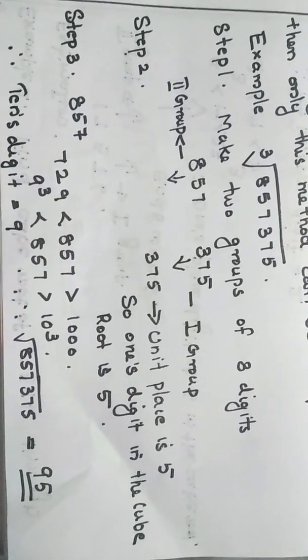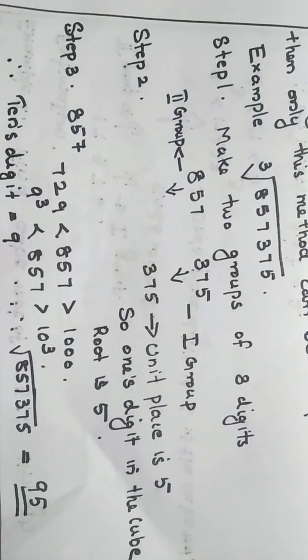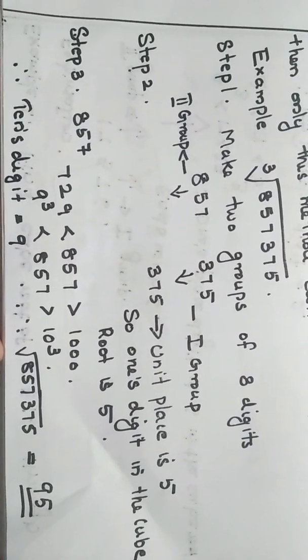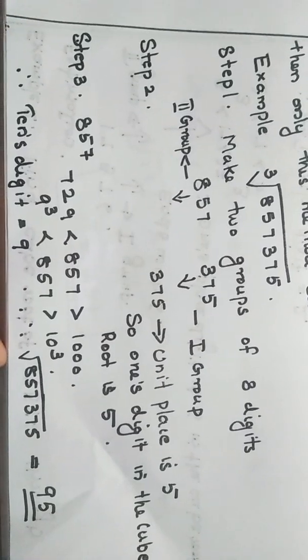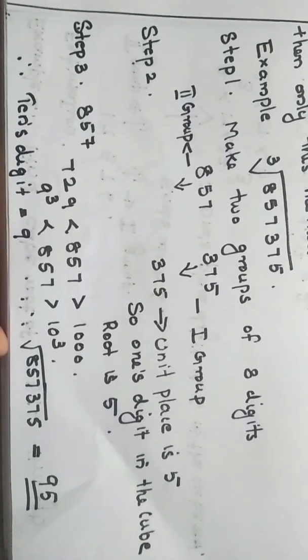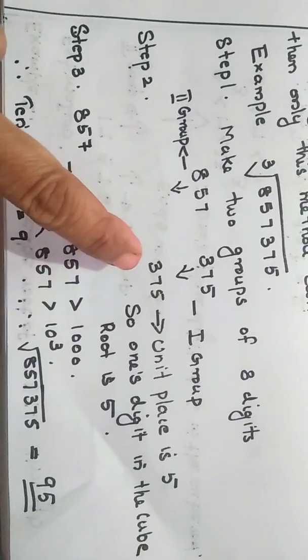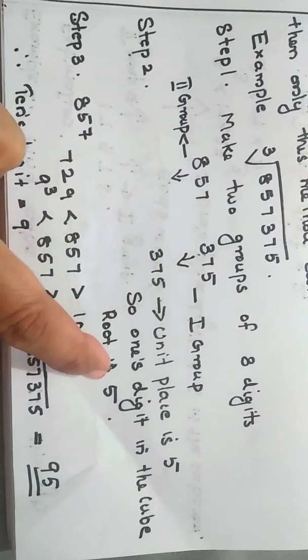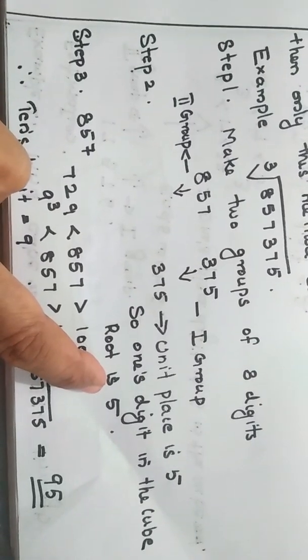You know, if the ones digit is 5 in the number, its cube root contains 5 itself in the ones digit. So we can assume the ones digit will be 5 in the cube root.